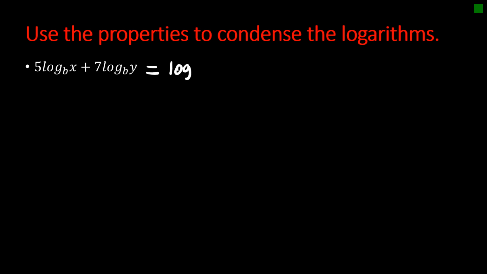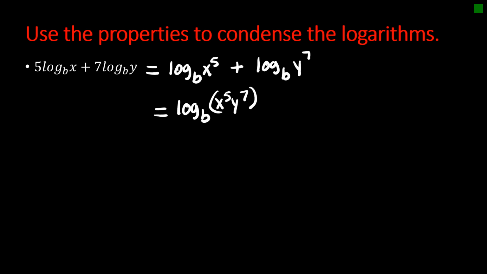So we have log base b of x to the 5th plus log base b of y to the 7th. And then you notice that we have 2 logarithms with the same base that are being added together. So this goes together as a product. So that's log base b of x to the 5th, y to the 7th.